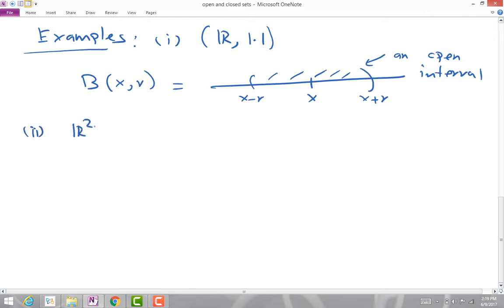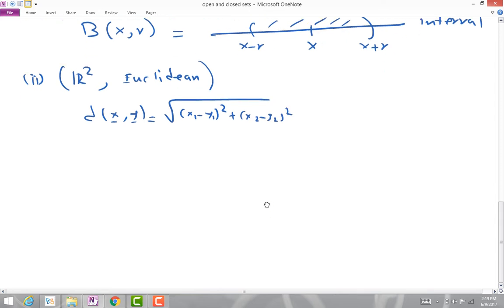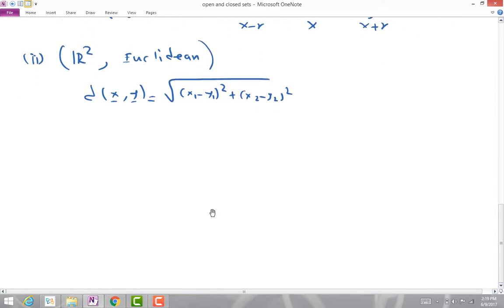And the second example, I'm going to take R squared with the Euclidean metric. The distance is measured by the square root of (x1 minus y1) squared plus (x2 minus y2) squared. So I'm looking at the open ball centered at the origin and the radius 1.